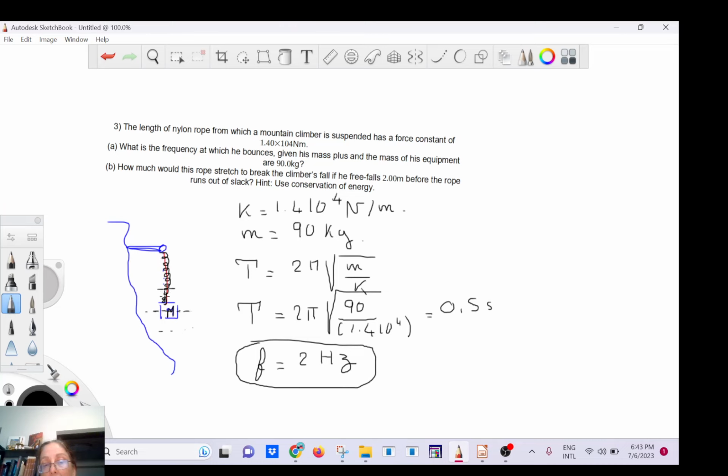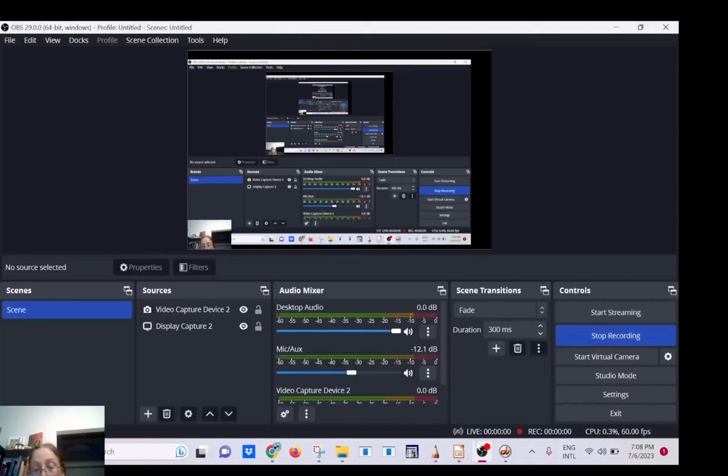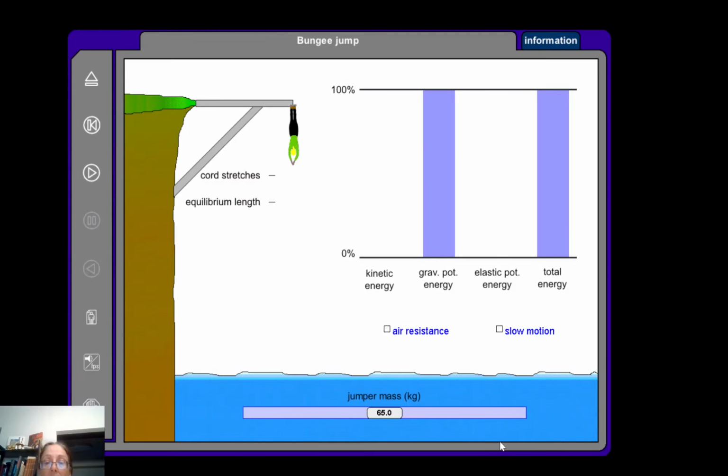The spring is going to be all stretched. And then all that energy from potential energy is going to be in the, so here I have a cute app. So no air resistance. So you see here it's a bungee jump, but he's attached here to a rope.